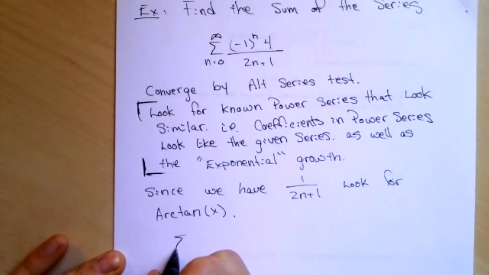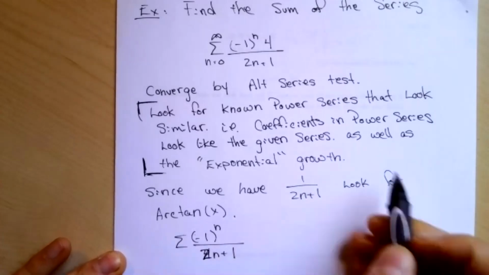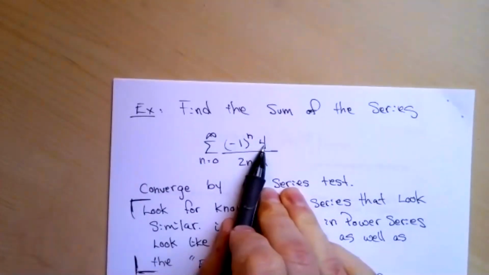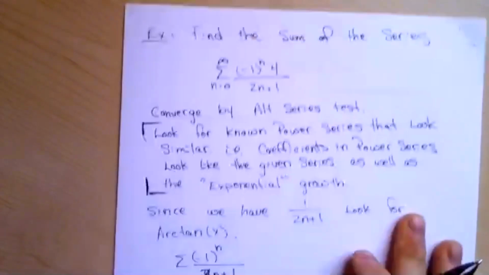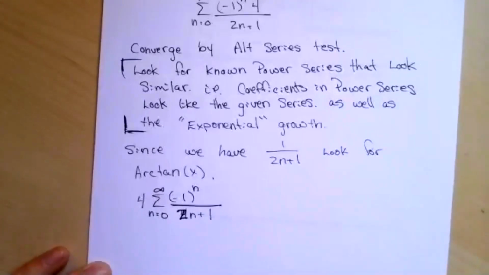Namely, if we start with our series, be careful with the way it's written. We don't have any n's touching this 4. It's just a constant. So we can actually pull that out. And so here's our series.